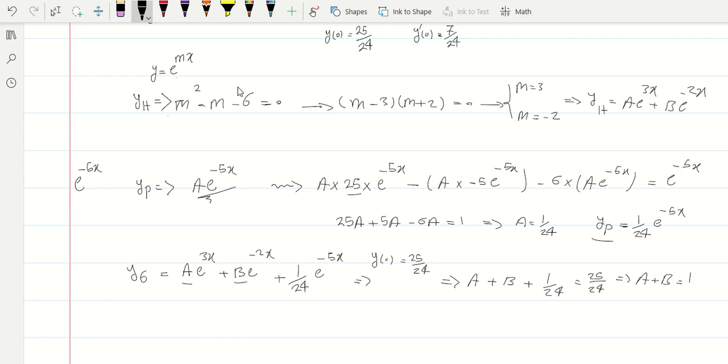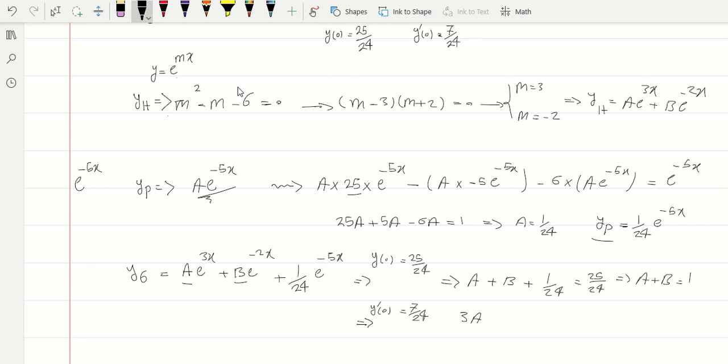So now I'm just going to use the second initial condition as well, which is given by y prime of 0 would be equal to 7 over 24. So I'm just going to take the first derivative of the equation. For example, the first term would be 3 times a e to the power of 3x. And when I substitute x of 0 into the equation, it would be 3 times a e to the power of 0. So I'm just going to write 3a in order not to waste time.